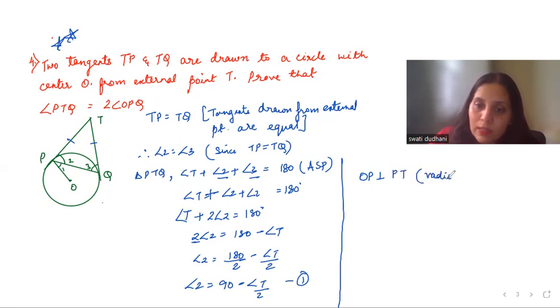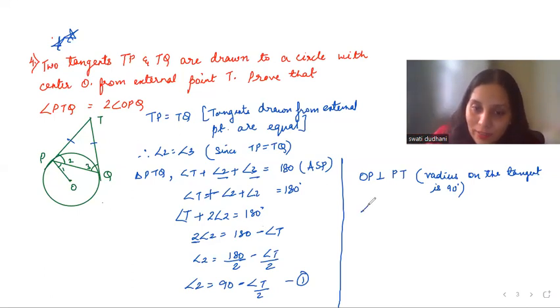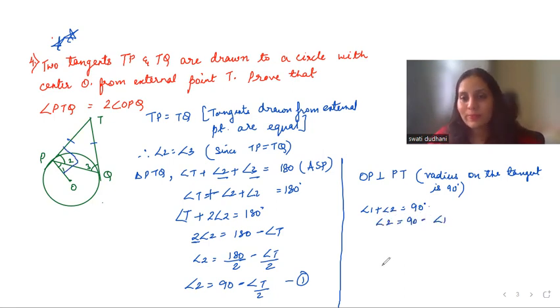Because the radius on the tangent is 90 degrees. We have this theorem already explained. When a radius is dropped on the tangent, it is always perpendicular. So here I can write angle 1 plus angle 2 is 90 degrees. From this, angle 2 is 90 minus angle 1.